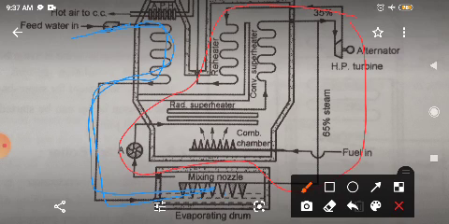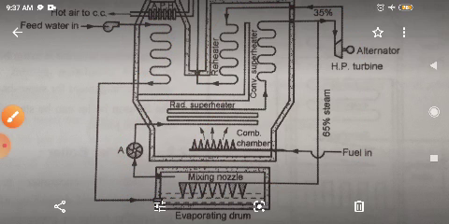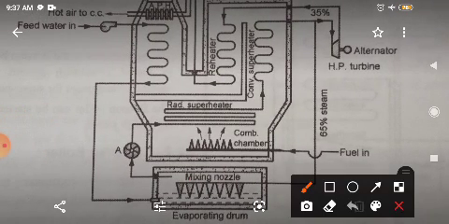That means maintenance cost gets reduced. But in other boilers, you have to clean all the tubing, remove it, and clean. But in this case you just have to clean this much of tubing, because only this tubing carries the water, while all other tubing is carrying steam.